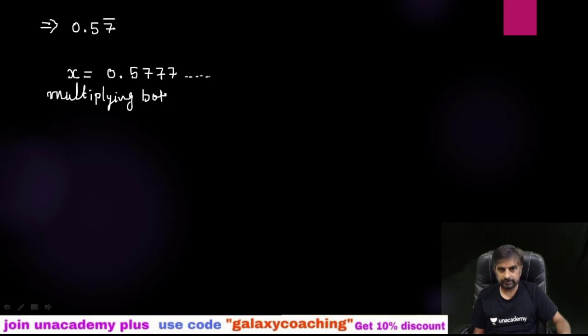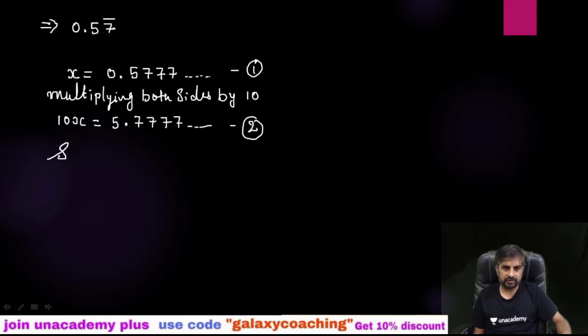both sides by 10. So 10 into x, again 10x, and 10 into this, so one decimal will go back, so you will get 5.7777. Take this as result number 1, take this as result number 2.